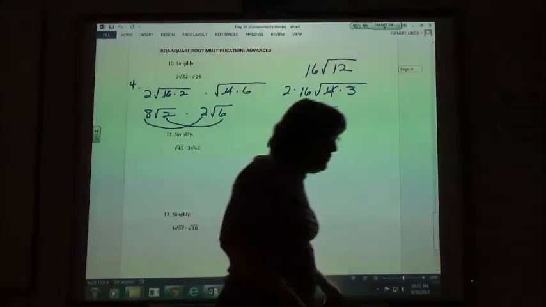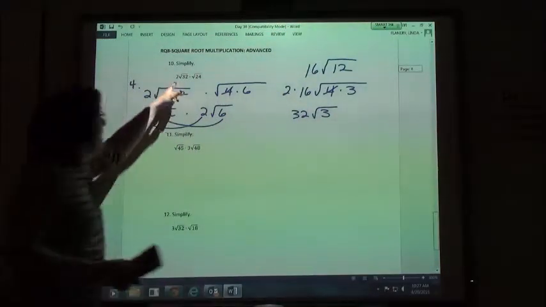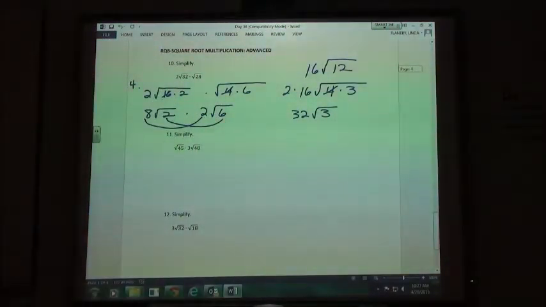Now just for fun, if you have your calculator handy, if on my calculator I do 2 square root of 32 times the square root of 24, it's going to be an irrational number.